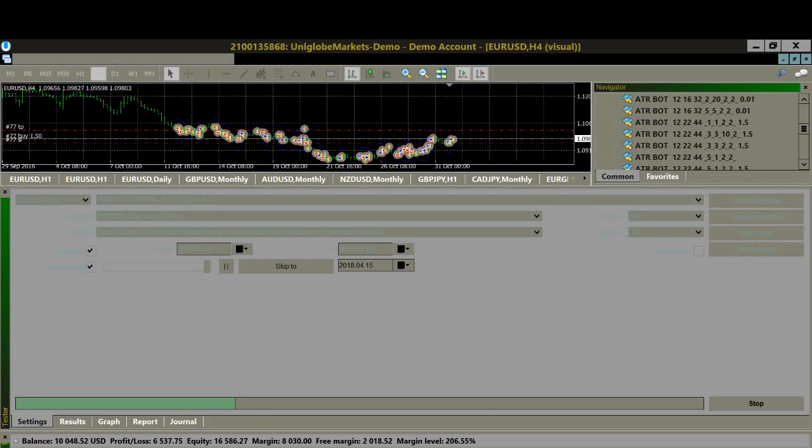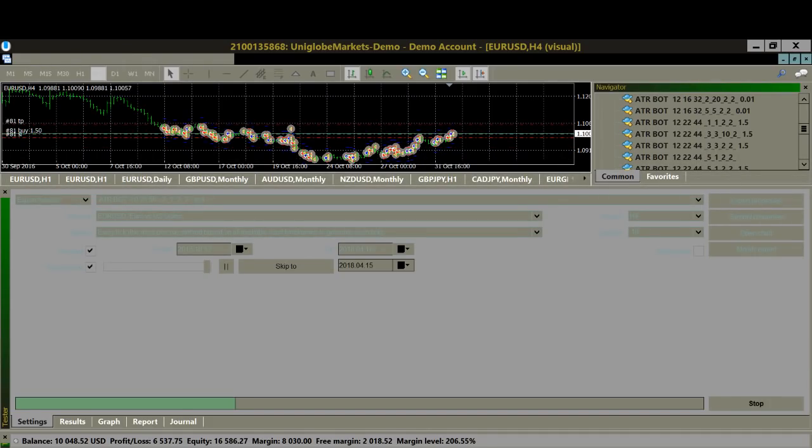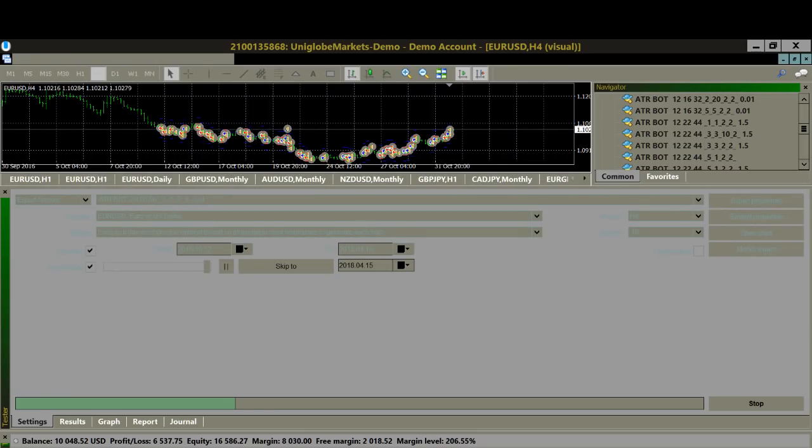Light Forex. They got cent accounts. Grand Capital's got cent accounts. PAX has got cent accounts. InstaForex has a cent account, but it's wide spread. You ever heard of InstaForex?